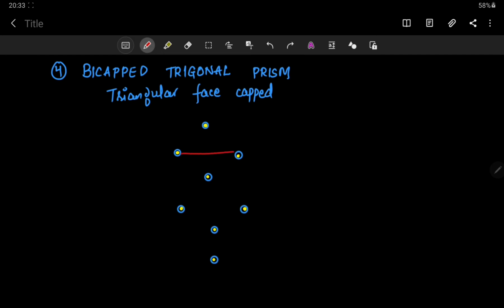First, let me construct one triangle. A second triangle that should be eclipsed to the first one. Let's join these 2 triangles, that becomes the trigonal prism. This trigonal prism is to be joined to these extra vertices. So it is not a square face capped, it is a triangular face capped.